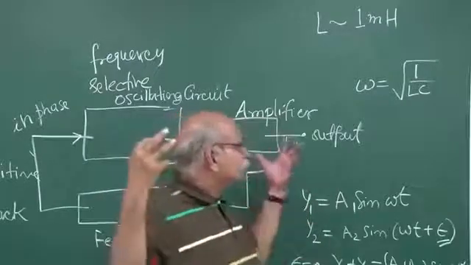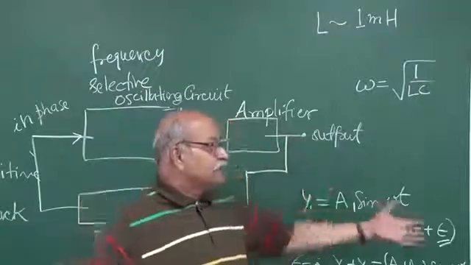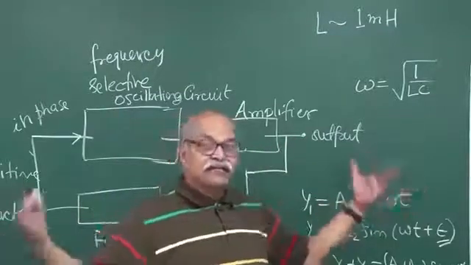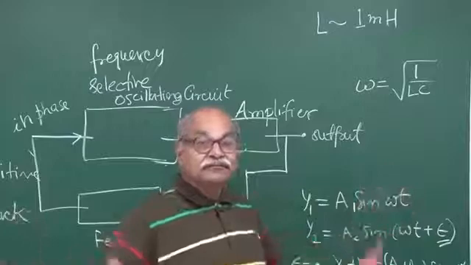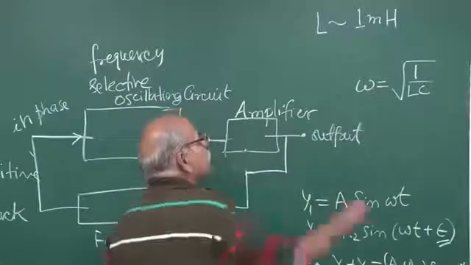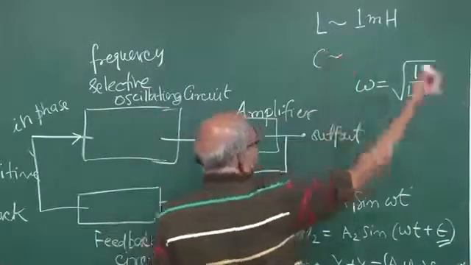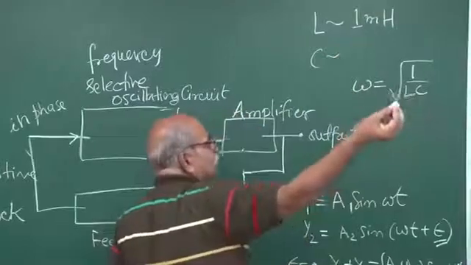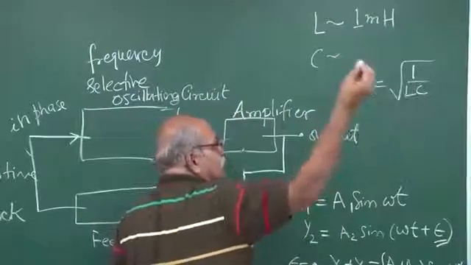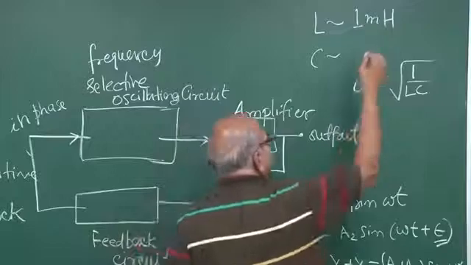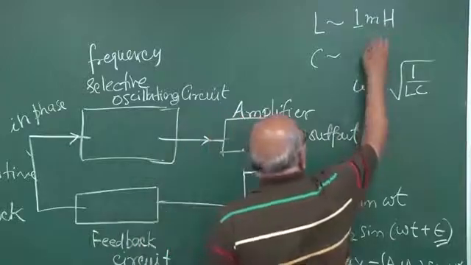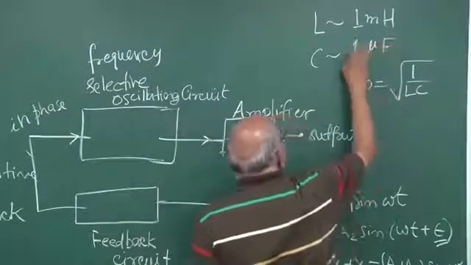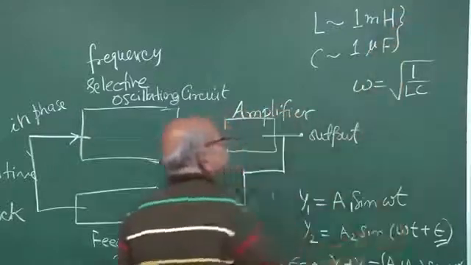You don't have inductors in henries. If you want to make inductors in henry, it will be very bulky. And similarly, the capacitance is typically in microfarads, 100 microfarad, 10 micro or 22 microfarads, like that. So let's say start with 1 microfarad.